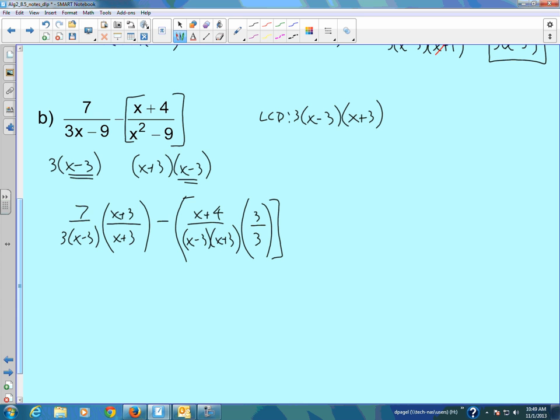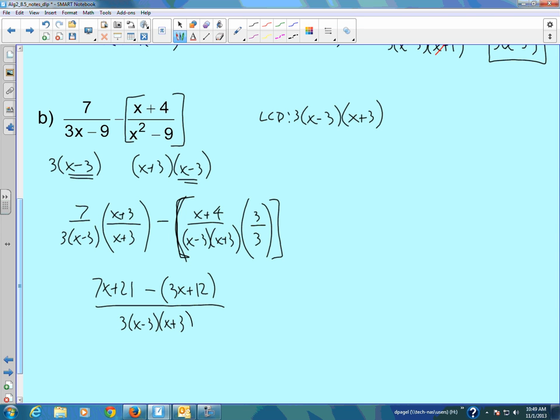All right, I'll put a bracket there so we don't get them confused. Distributing, 7x plus 21 minus, and again, I'll distribute first and distribute the negative afterwards, 3x plus 12, all over 3 times x minus 3 times x plus 3.